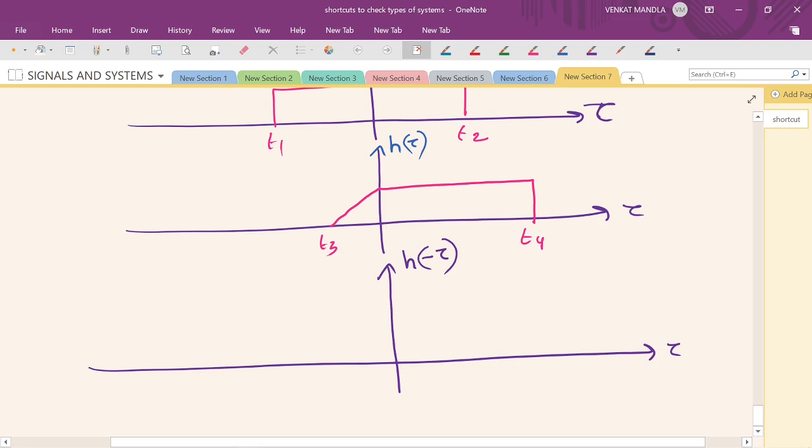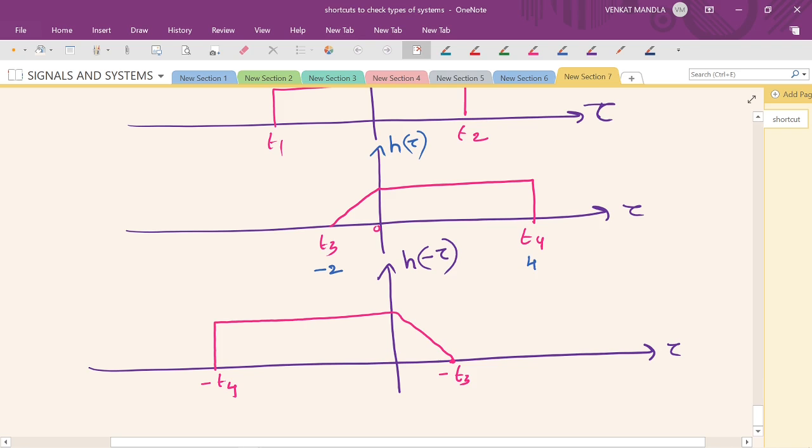We have to flip the signal about the y-axis. So this t4 becomes minus t4, this t3 becomes minus t3. So it's 0. This t3 will come here, minus t3. The t4 will come here somewhere, minus t4. Suppose, for example, t3 equal to minus 2 and t4 equal to, let us say, 4.